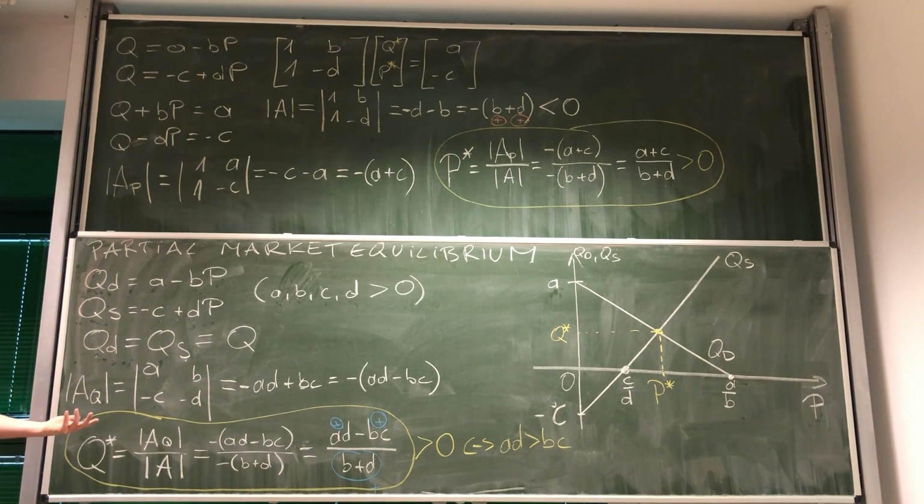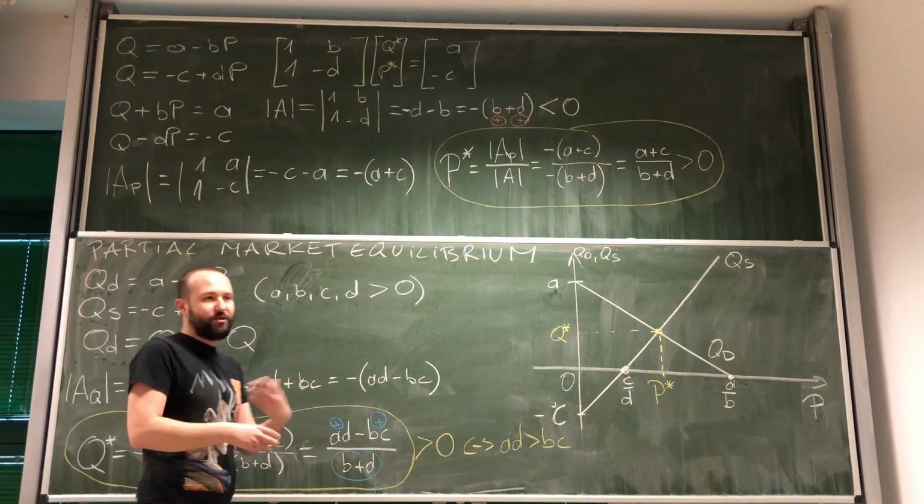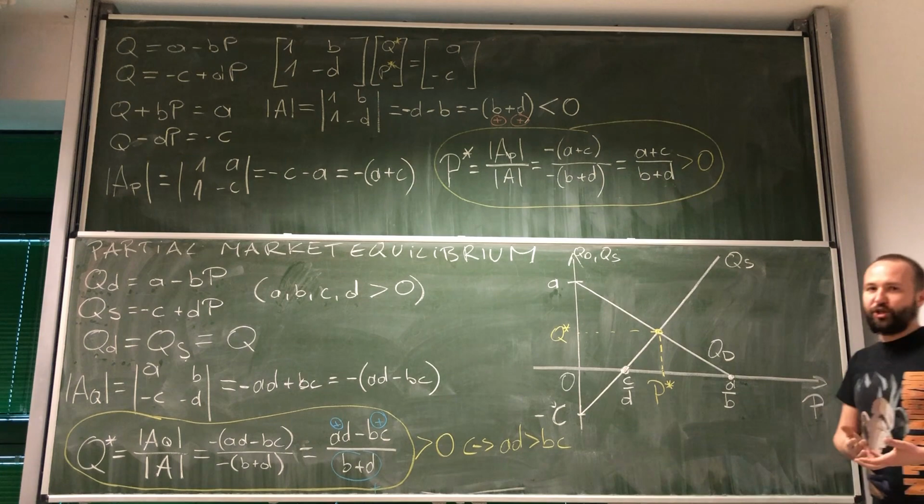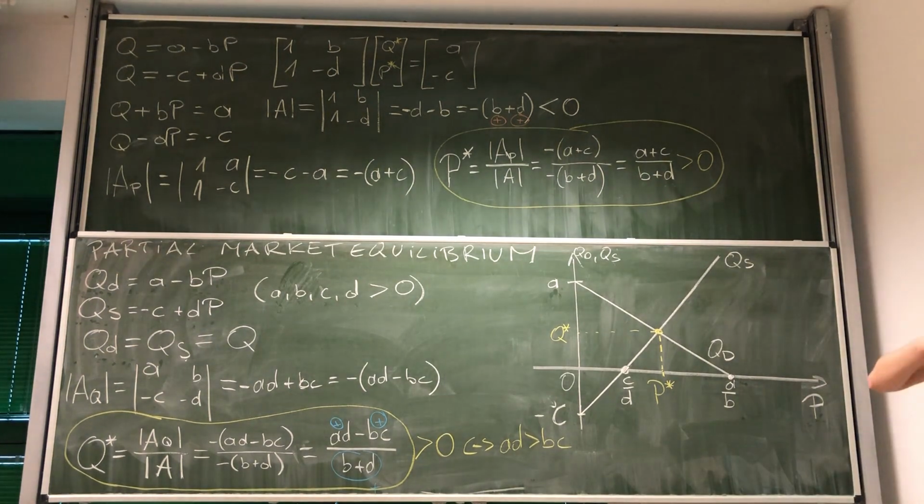A version in which we have just two markets. But I hope once you understand how it works in two markets, you will see how easily it could be extended to n markets, but of course at the cost of greater complexity. Okay, thank you for your attention and see you in the next video.